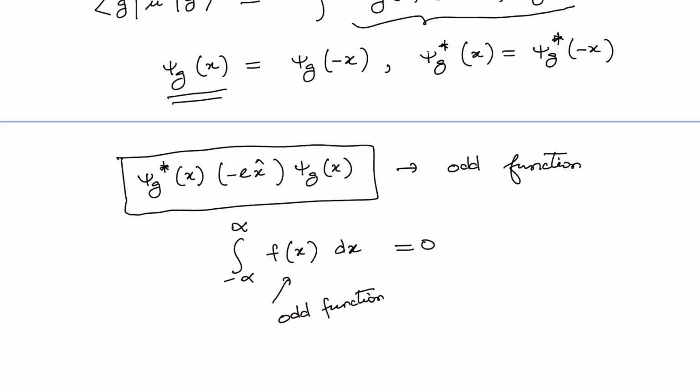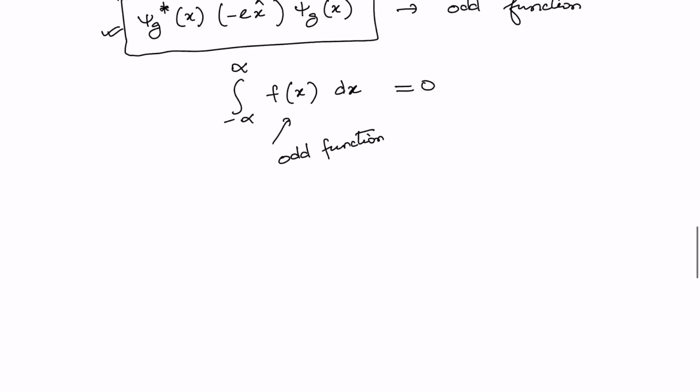Even in that case the integrand turns out to be an odd function, and therefore the integral is 0, and hence this matrix element μ_gg is equal to 0.